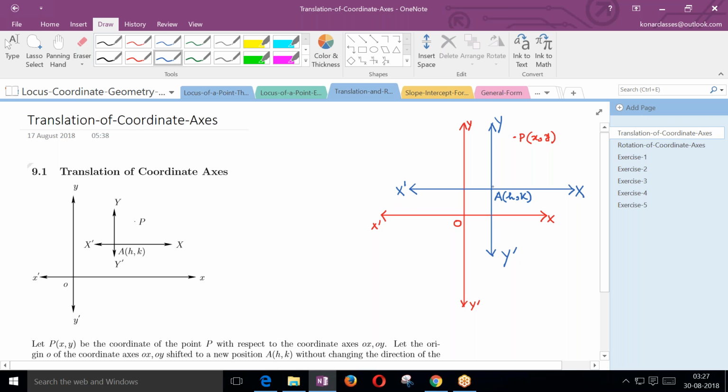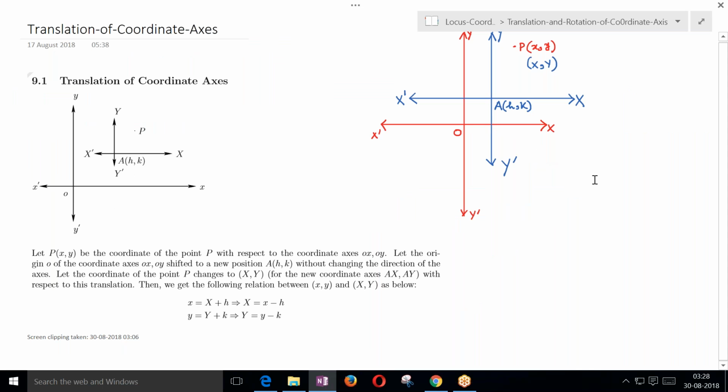Then with respect to this new coordinate system, which I draw in blue, the coordinates of the point x, y, which were in our old coordinate system, now become capital X and capital Y. Let's see what kind of changes we are able to view here.